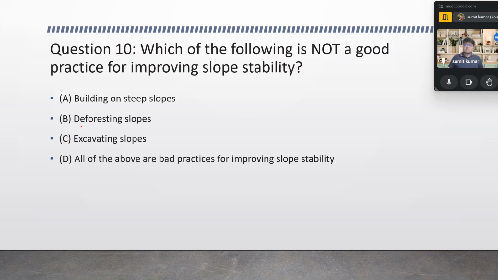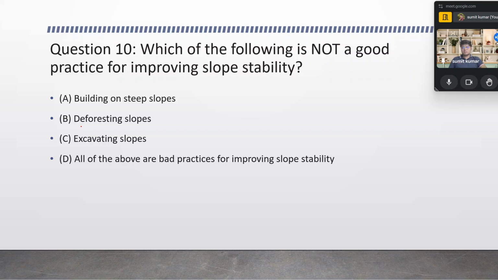The subsequent question is, which of the following is not a good practice for improving the slope stability? First, building on steep slopes. Yes, not a good practice for improving the slope stability.